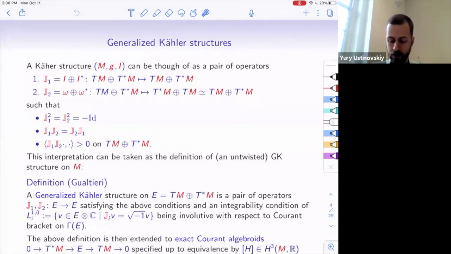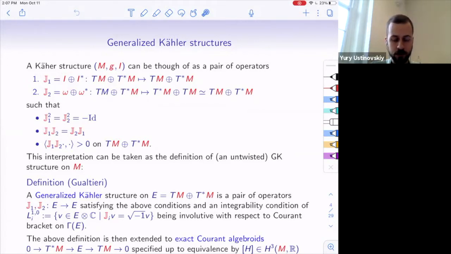And it says that a generalized Kähler structure on a manifold M, on the sum of tangent and cotangent bundle, is a pair of operators J1 and J2 satisfying the above conditions. So these are sort of linear algebraic conditions. And on top of that, you need some integrability conditions. In the Kähler case, these were conditions of I being an integrable complex structure and omega being closed.